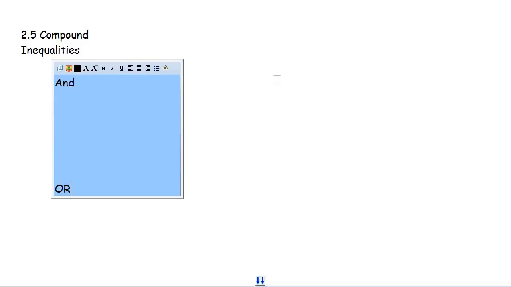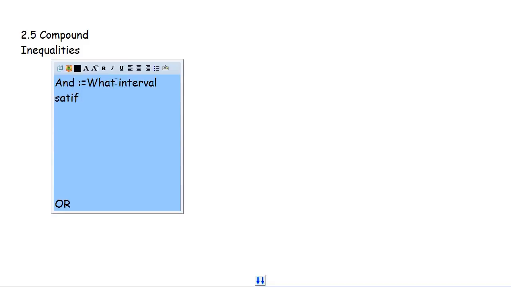So we have two inequalities joined by either the words AND or OR. If I'm asking you to solve an AND problem, then really I'm asking you what interval or intervals satisfy both inequalities at the same time.